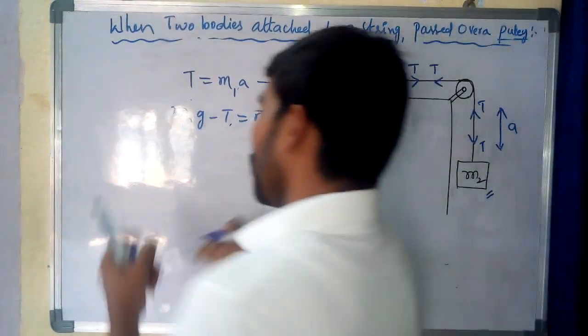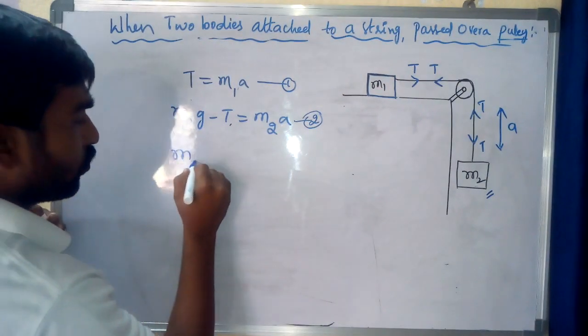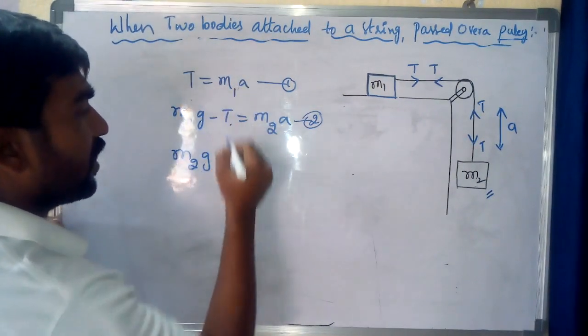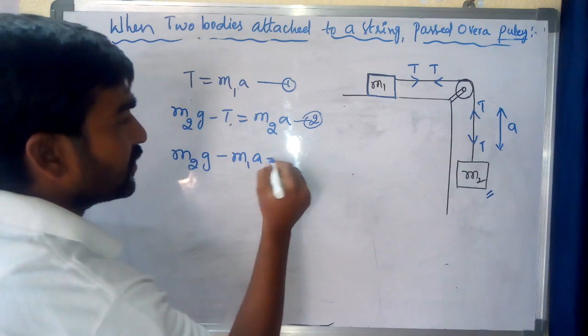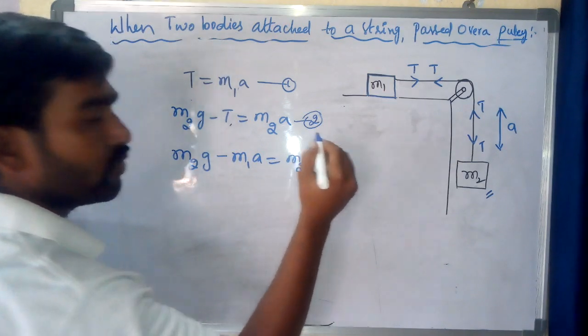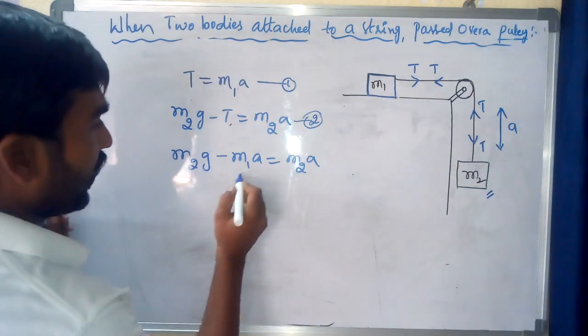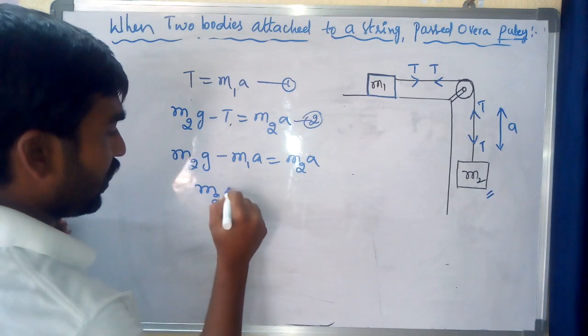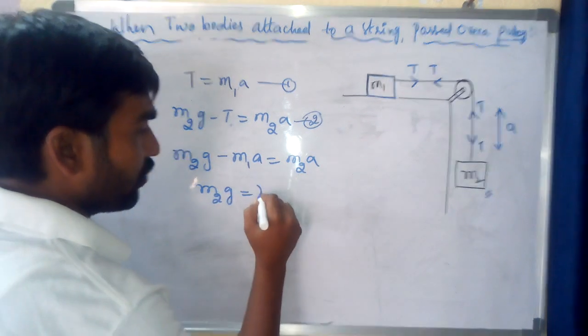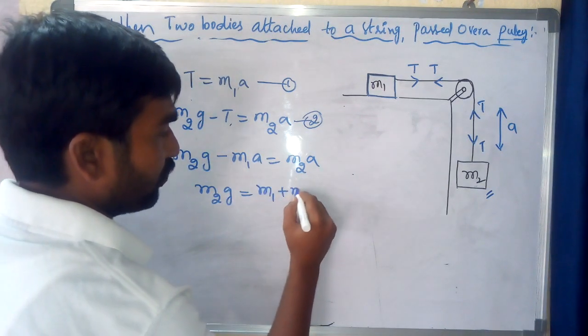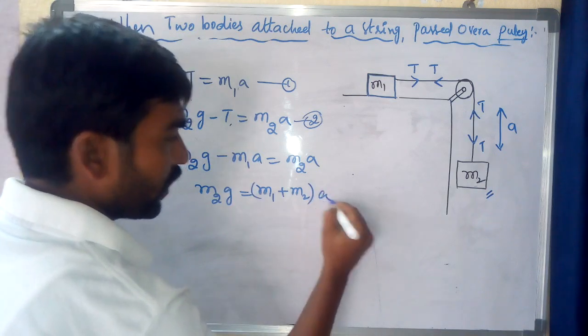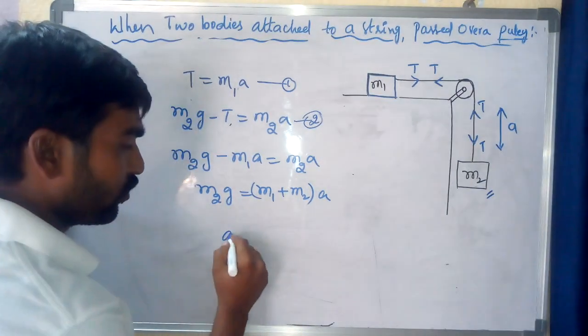So what is the value? m2 into G minus the T value, that is m1 A, is equal to m2 A. So we have m2 G equal to m1 plus m2, into A. So what is the A value?